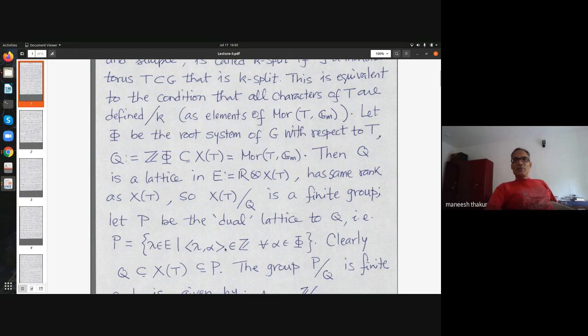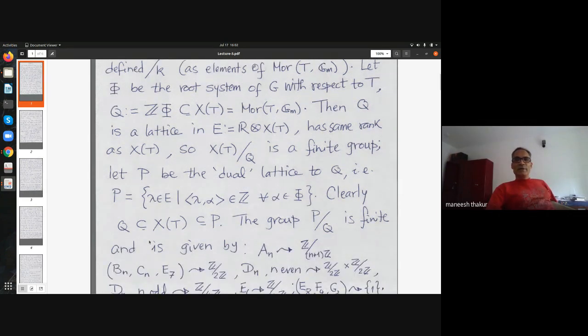So these are the weights, and then we have this inclusion that the root lattice is contained in the weight lattice by the very definition, and in fact any lattice in between the two. So all these lattices have the same rank, both Q and P. Any lattice in between gives us a split group of the type we started with.